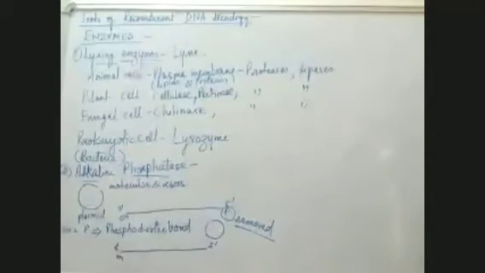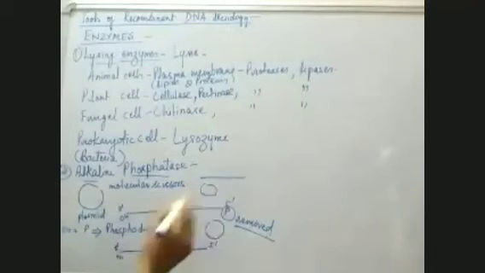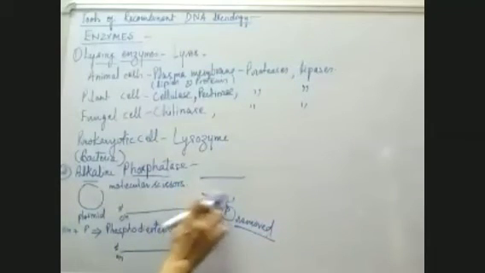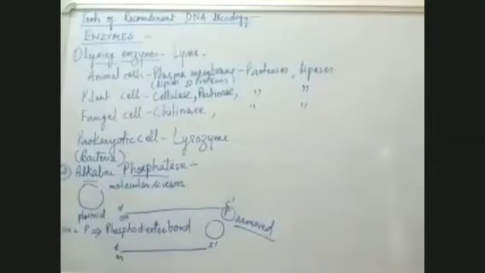Otherwise, this straight one will roll back and form the phosphodiester bond. So it's of no use using molecular scissors then. So alkaline phosphatase is used, where the phosphate is removed, so that it does not form a phosphodiester bond with the hydroxyl group.